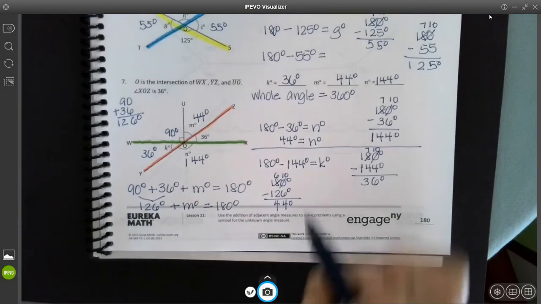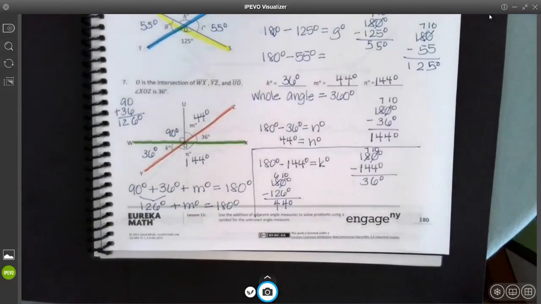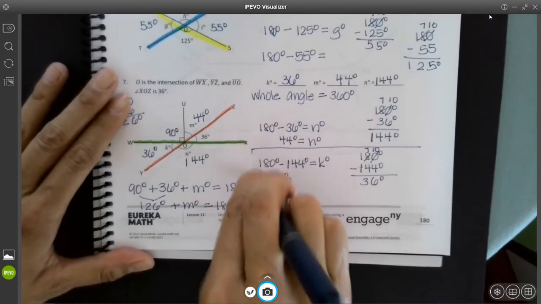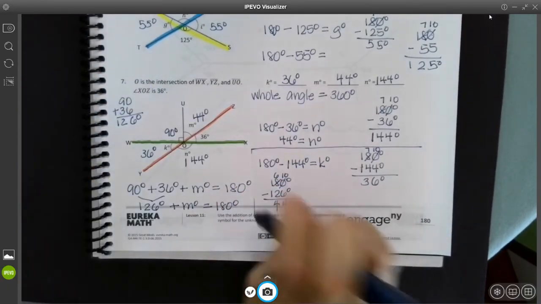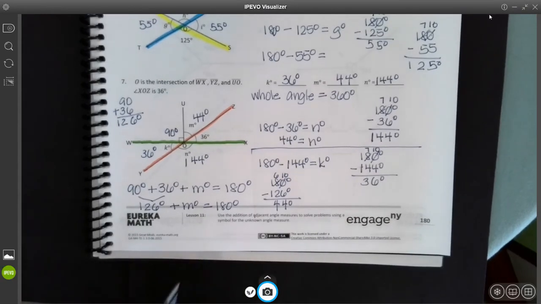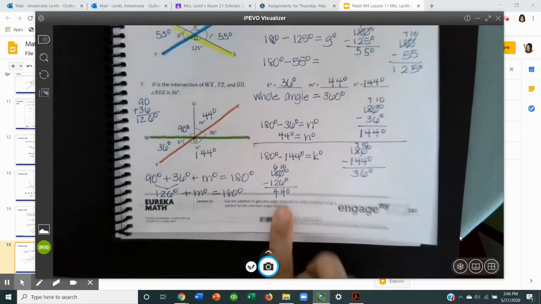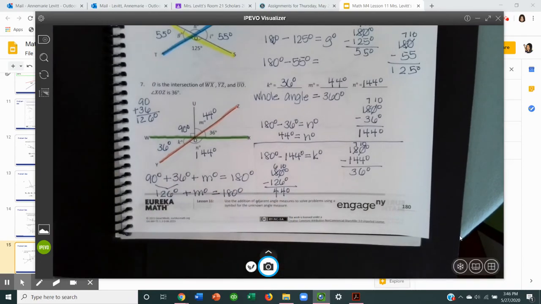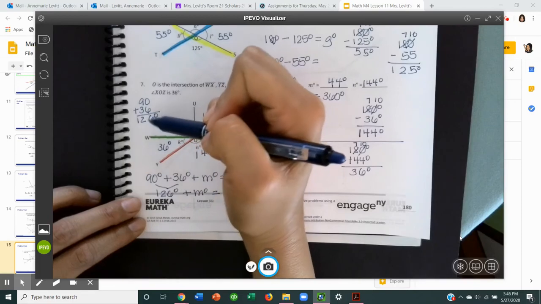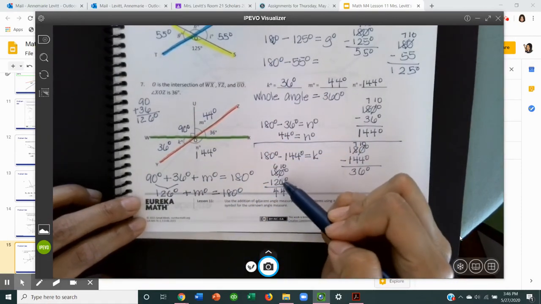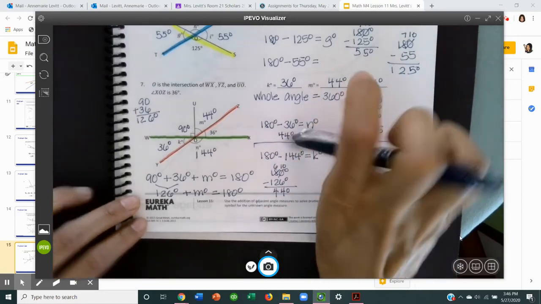And no, that's not right. And we have finished. That was a lot of work right there. I made a mistake here. Where did I make my mistake? 6, that's 12, 180. Oh.